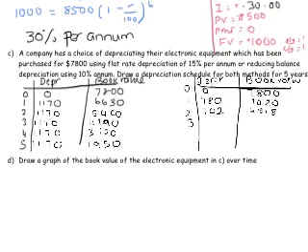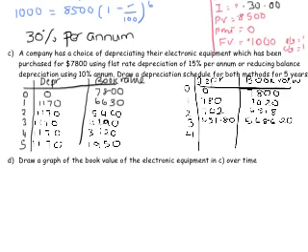Then, after 3 years, so in the third year, the depreciation is 10% of 6,318, which is 631.80. We're going to take away 631.80 from 6,318, which is 5,686.20.